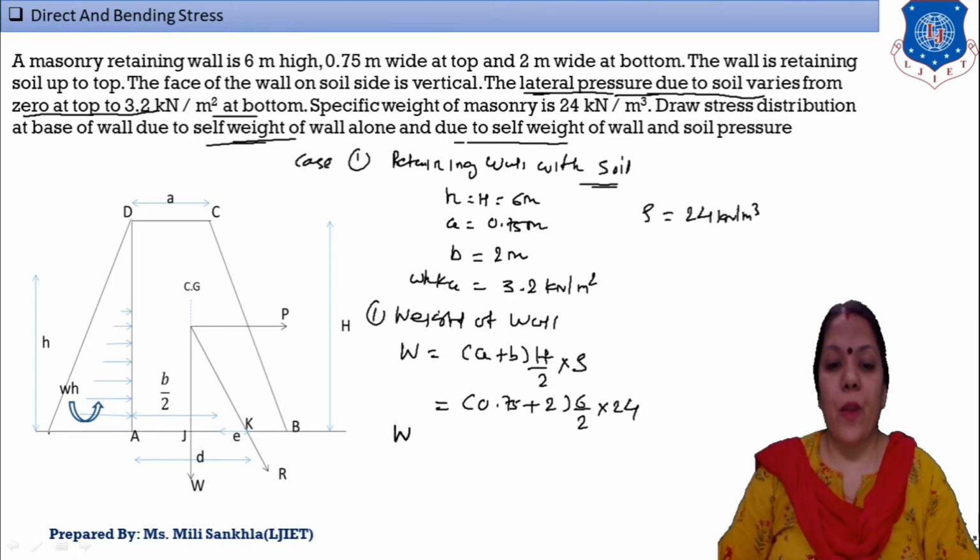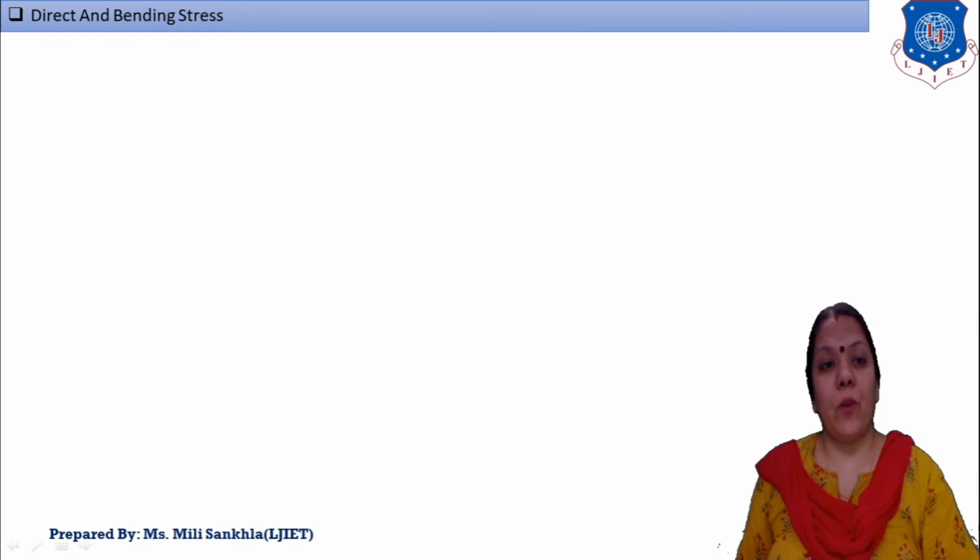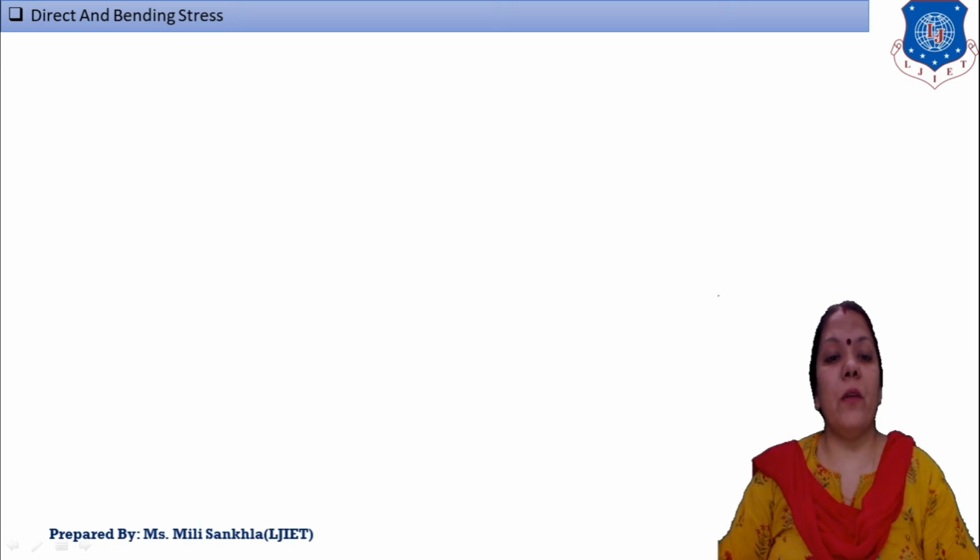Now the weight of this retaining wall is equal to 198 kilonewton. Simply our first value we find out. Now second we find out the soil pressure. Write down the heading, because we calculate the example of a retaining wall, so our second unknown is the soil pressure.